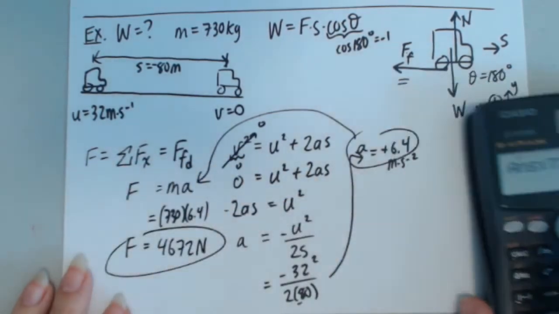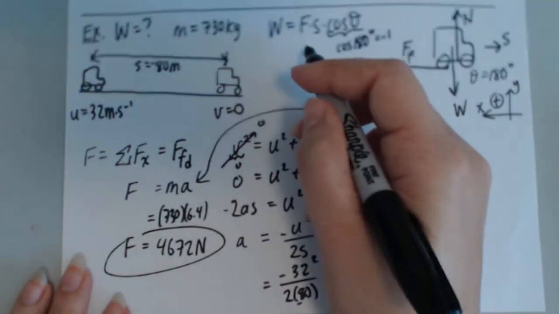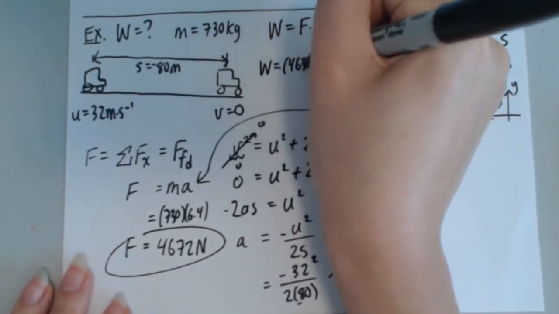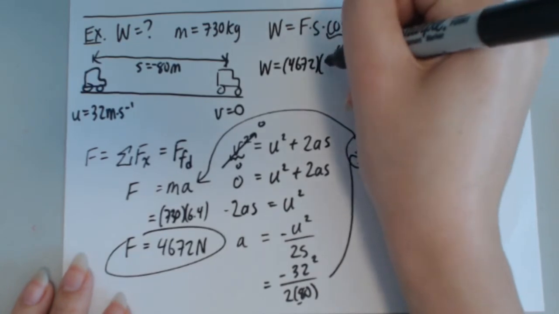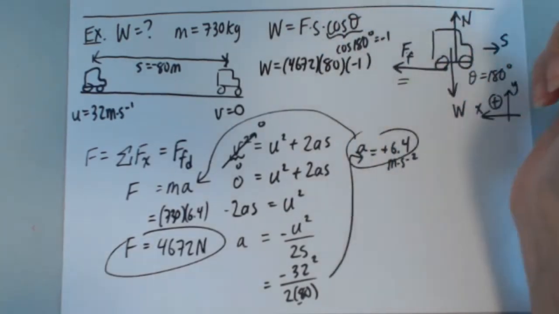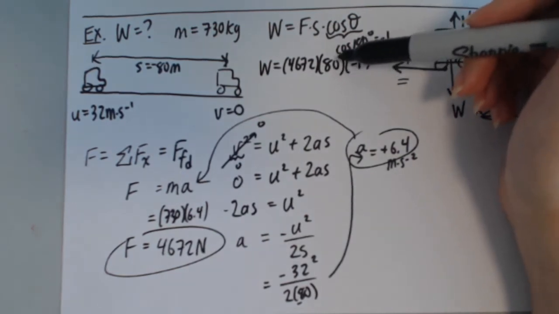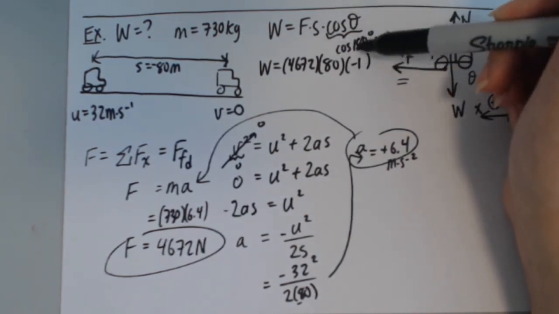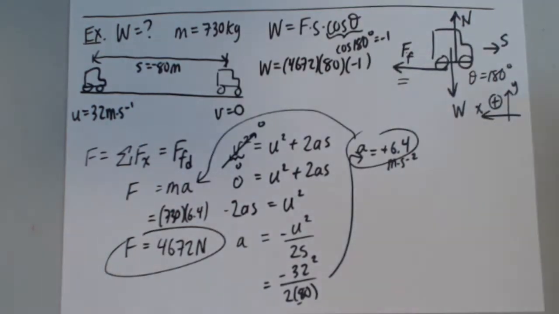So there's my force. Now that gets plugged back in over here. So work is equal to 4672 times 80 times negative 1. Now, if you're wondering why I didn't make this negative, it's because I already took into account the direction by putting the cosine of theta here. So the minus 1 already accounts for that.